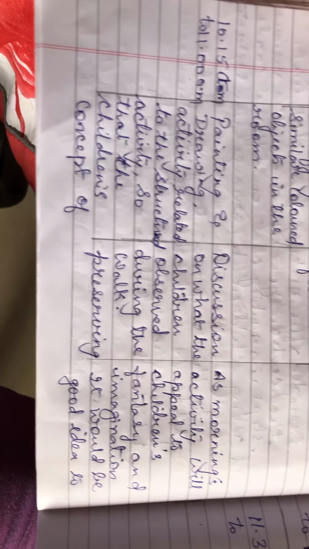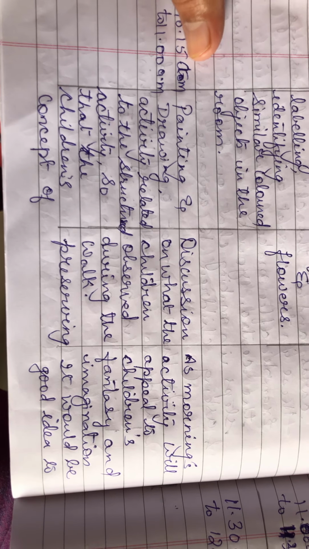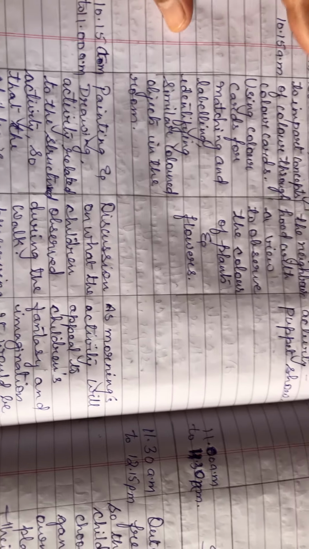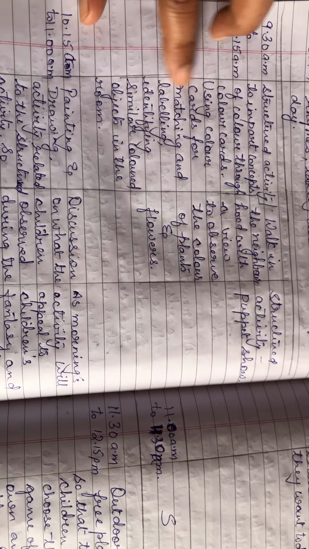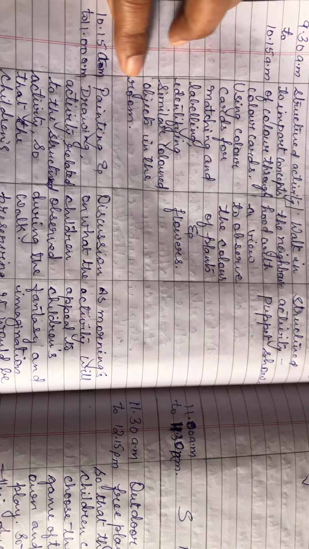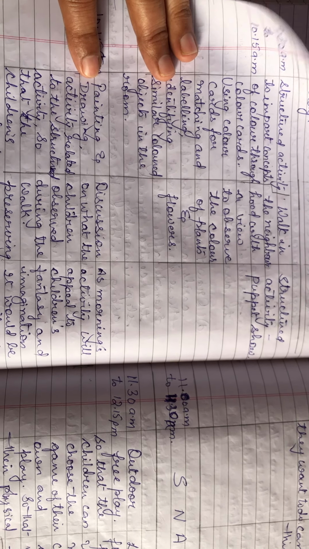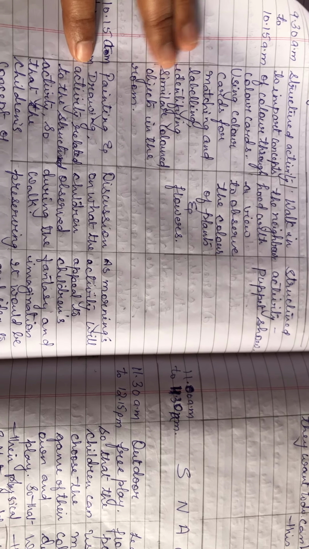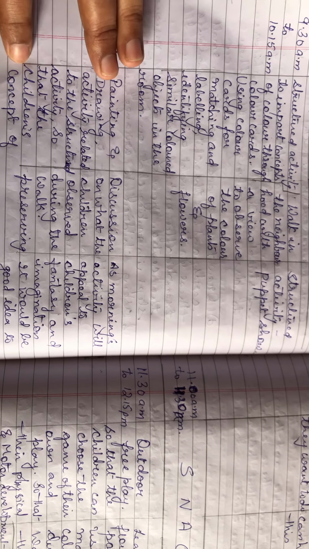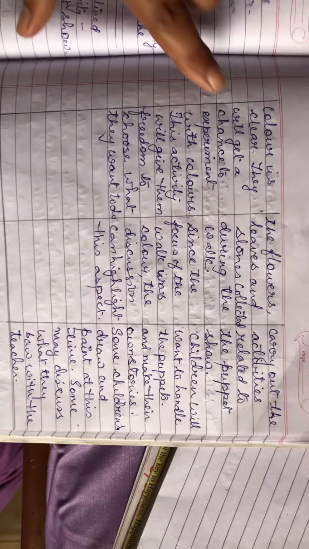Then after the morning discussion about color, from 10:15 to 11 a.m., in the second period the teacher will give them some painting and drawing activity related to the structured activity, so that the children's concept of color is clear.